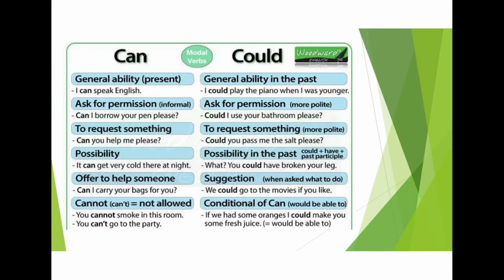When you want to be very polite in your request, your permission, then again could is used. Okay, we just need to read more sentences and it will automatically click to us which modal verb we should be using. I can speak English. Can I borrow your pen please? Can you help me please? It can get very cold there at night.